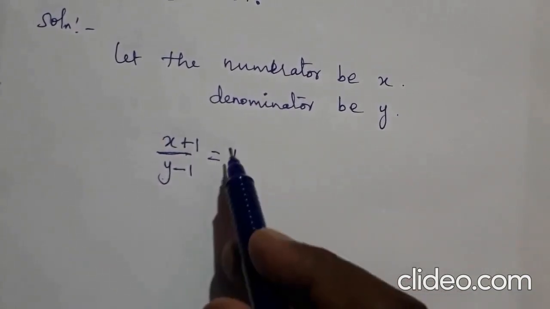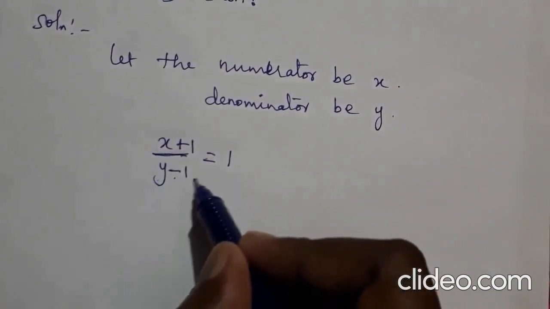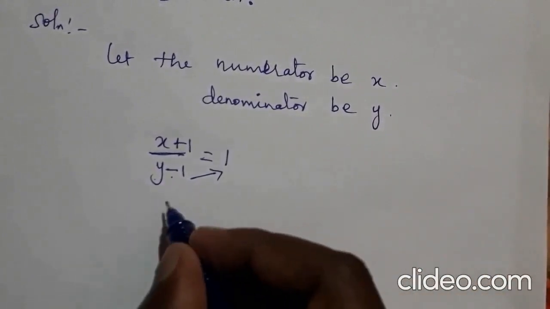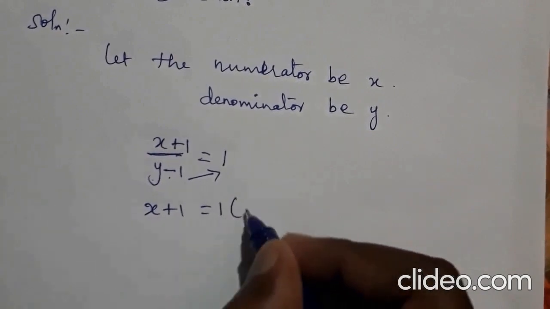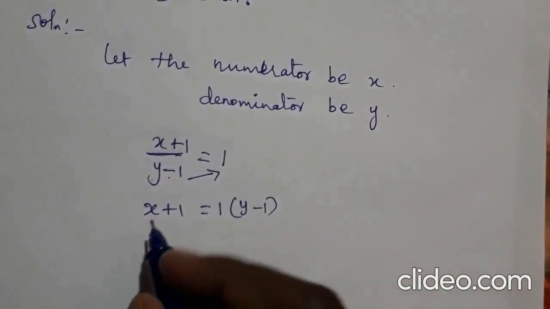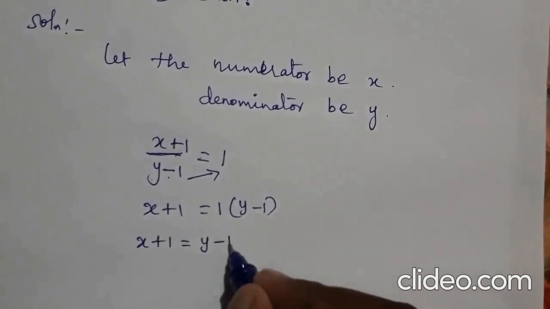Just we can make it as an equation. Here the numerator and denominator we take to the right hand side. So what you will get here? x plus 1 is equal to 1 into (y minus 1). 1 into anything you will get the same thing only. So x plus 1 is equal to y minus 1.